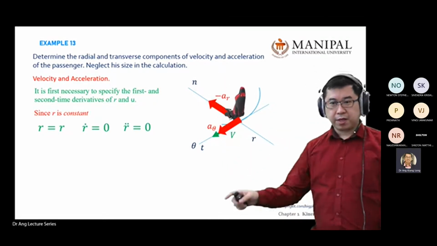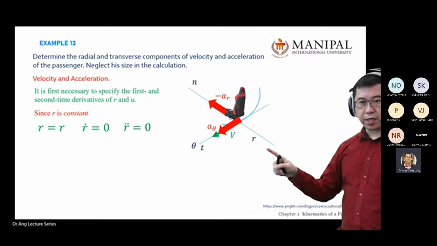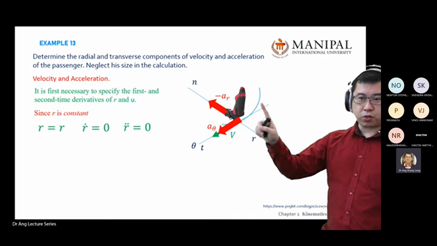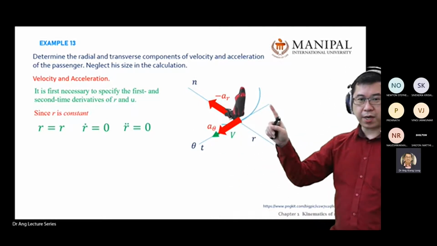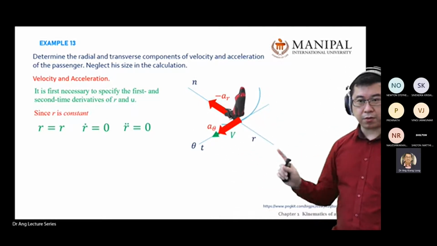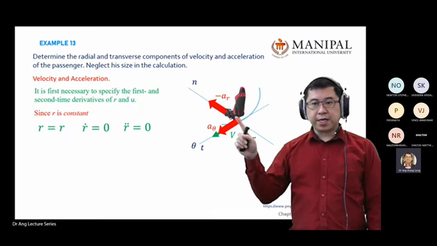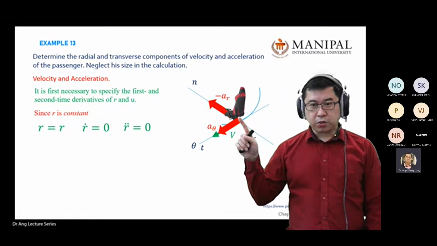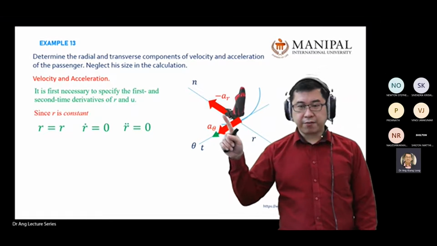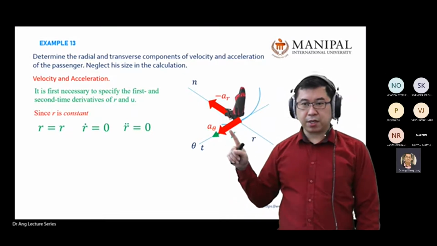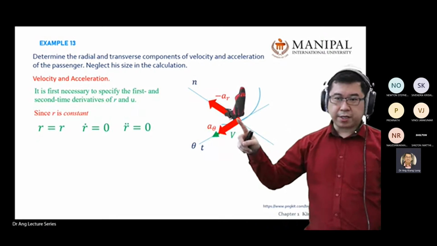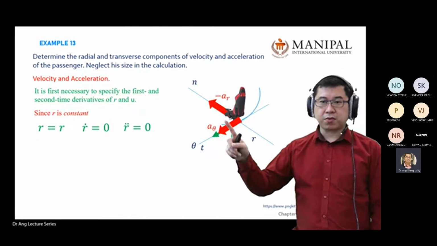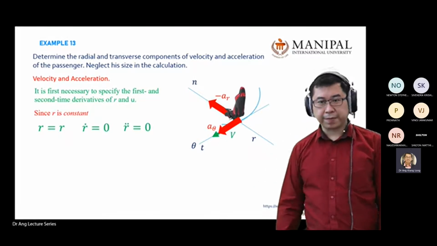If your acceleration goes this way, your chair is going to travel in a bigger circle and a bigger circle and a bigger circle. In this case, you're always having a constant circle. So your chair has an acceleration in this direction, and this direction is opposite of your R direction. That's why there's a negative there. Okay?